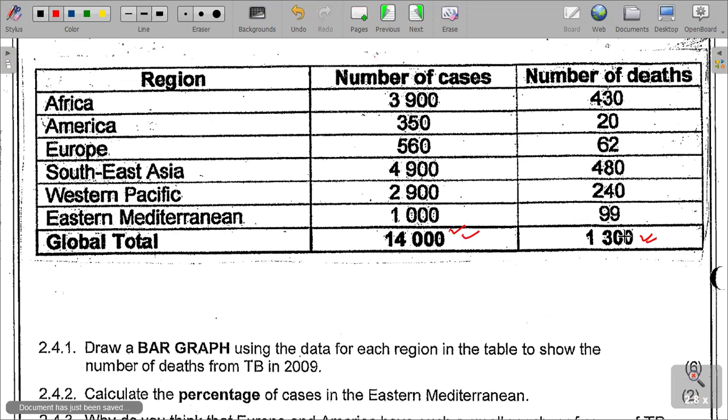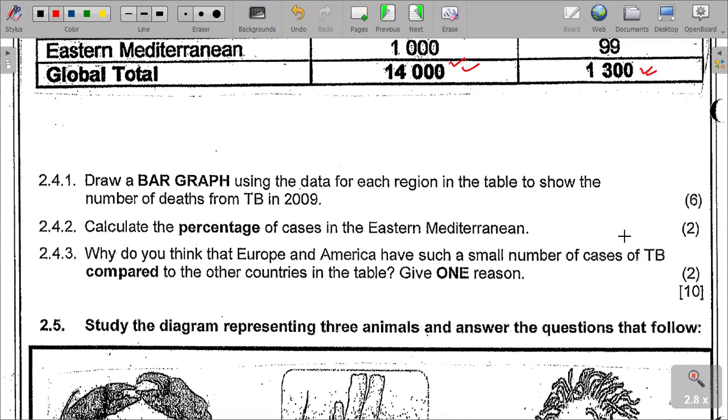So the question wants us to draw a bar graph, using the data for each region in the table to show the number of deaths from TB.